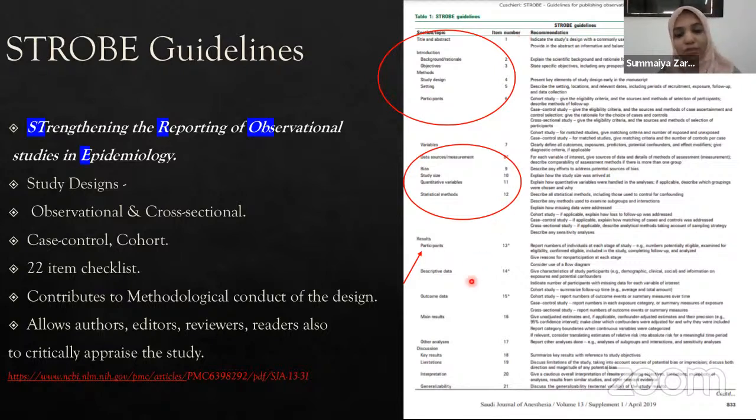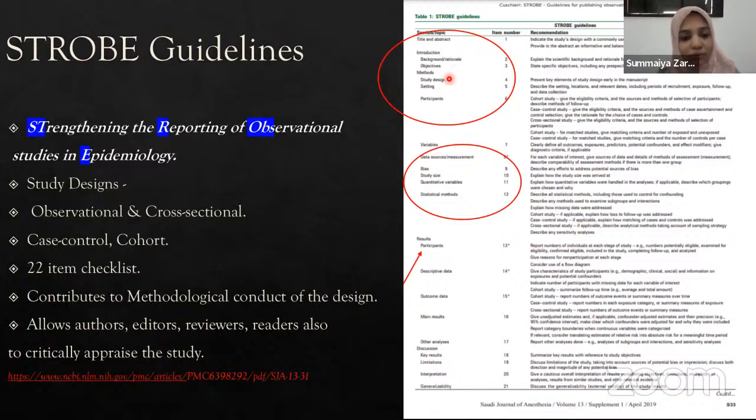So my point is, why wait to start writing the manuscript and then refer to the STROBE guidelines? Refer to the STROBE guidelines when you are designing your methodology. So maybe not all components will come into the picture, but I think 1 to 13 or 1 to 12, at least these components, till the methodology part, can be taken into consideration, because I have an observational cross-sectional study design, and the reviewer, obviously you will aim to publish, is going to cross-check my study design using a guideline meant for the same.